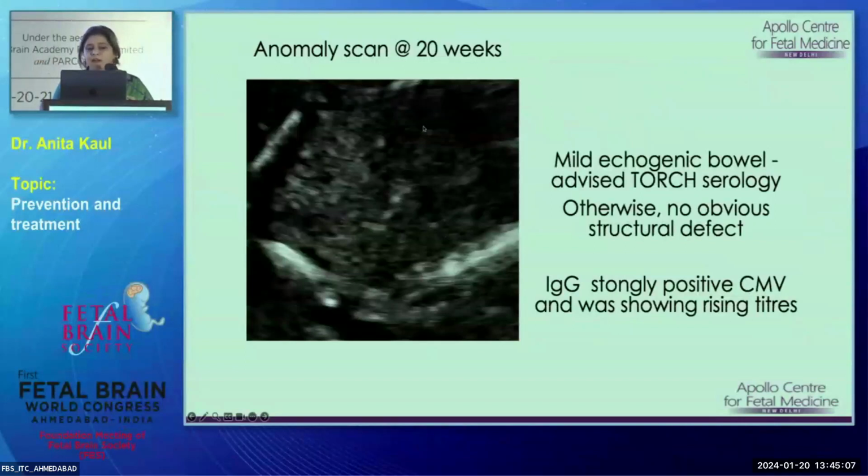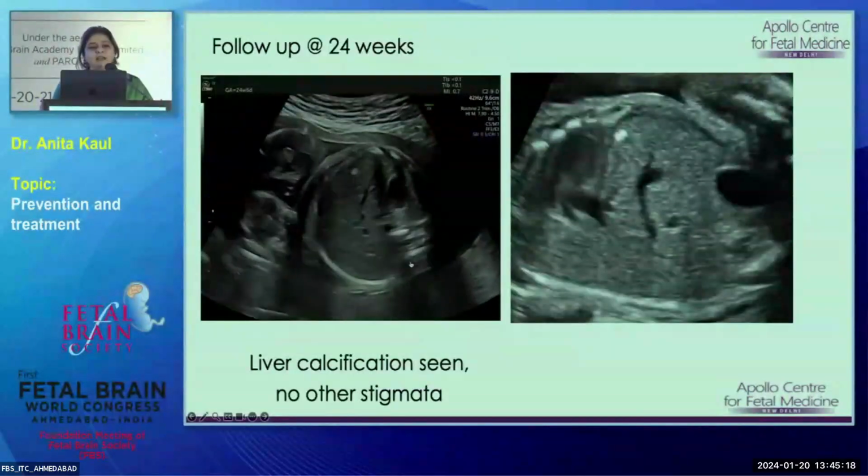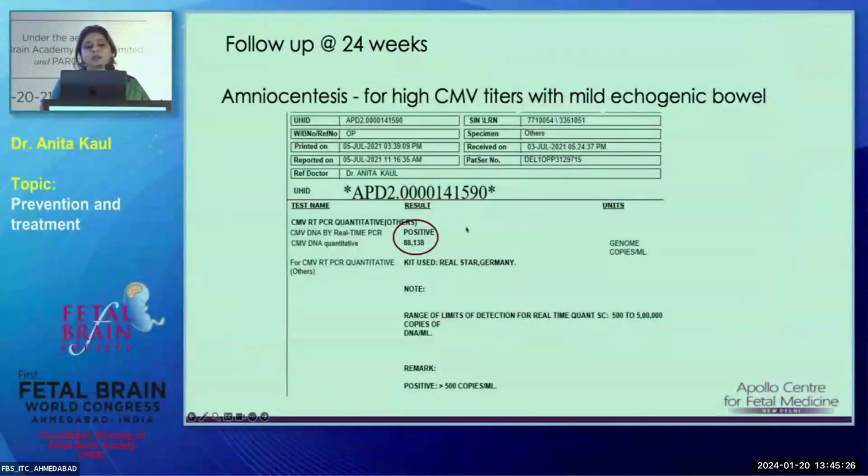So we did TORCH. Surprisingly, the serology was strongly positive, like 500, 600. It was really quite high. When she came back for a follow-up scan, all she had was an intrahepatic calcification. Then on an amnio, she also came back positive. And again, we discontinued the pregnancy.